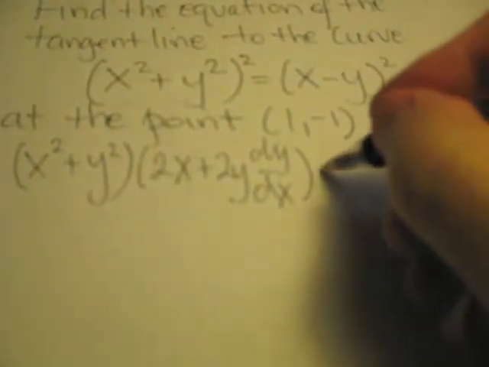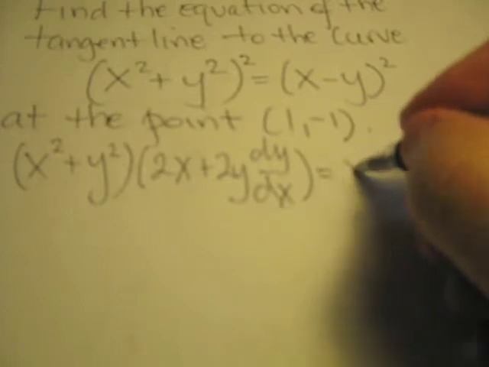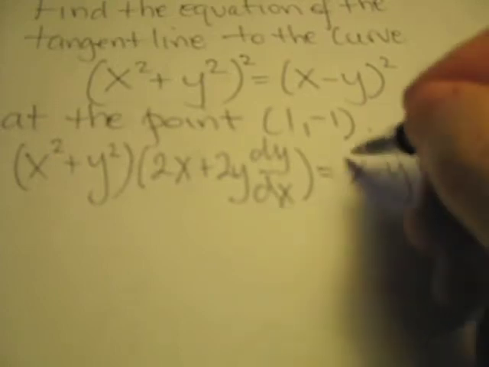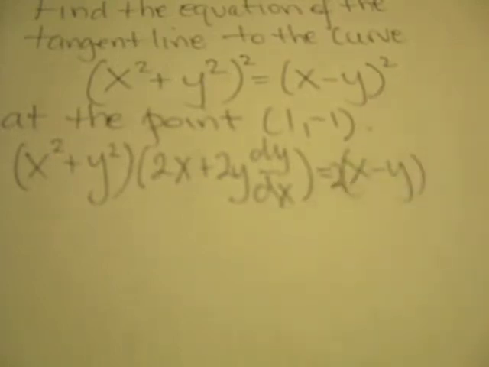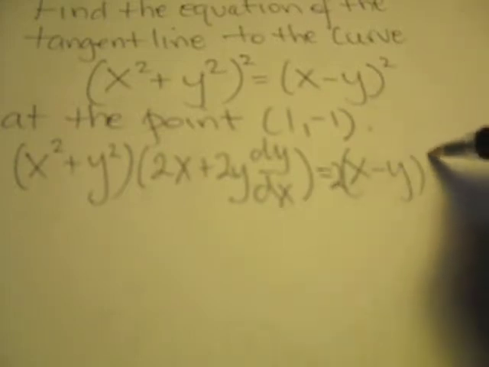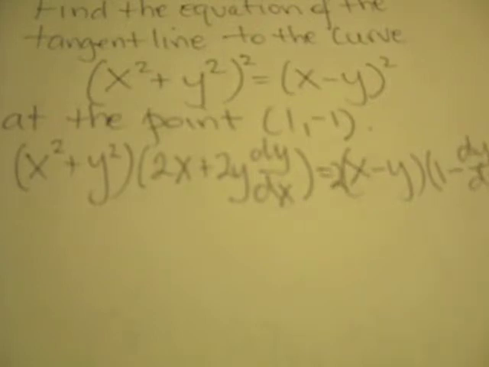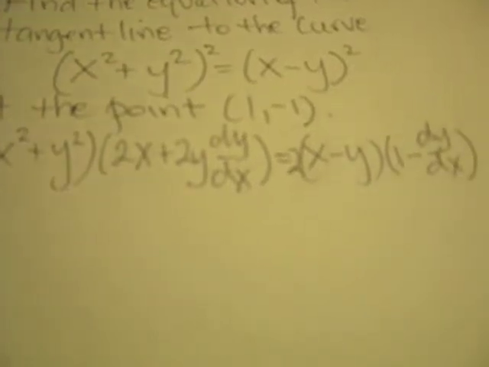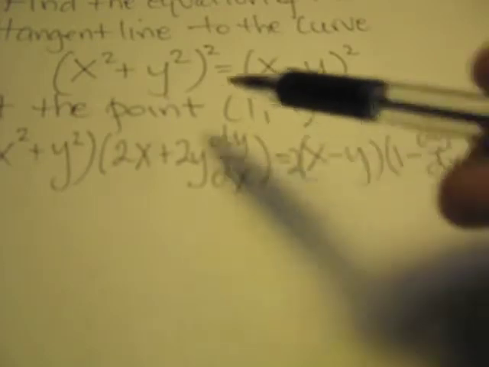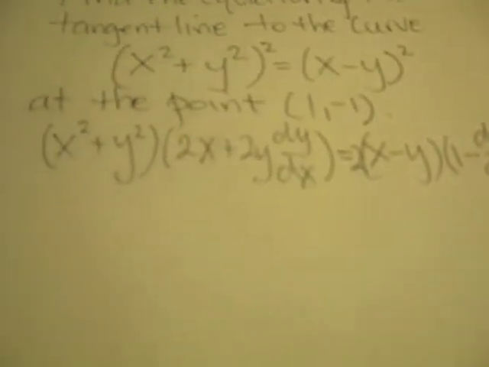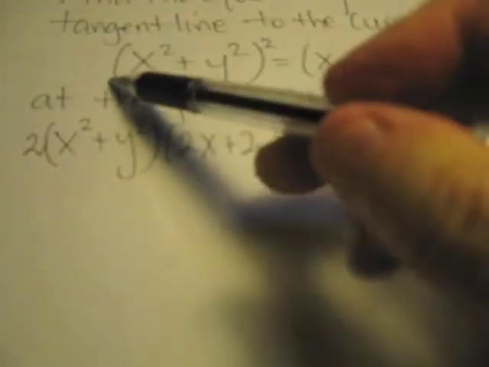Now on the right side we have to do the same thing. We're going to have x take y, and of course we'll have a 2 in front, and then we'll have the derivative of the inside function, which is 1 minus dy on dx. Notice we have a 2 here, and over here we have a 2 as well, because we brought down the 2.